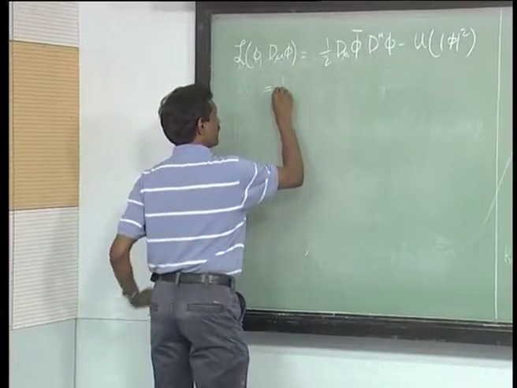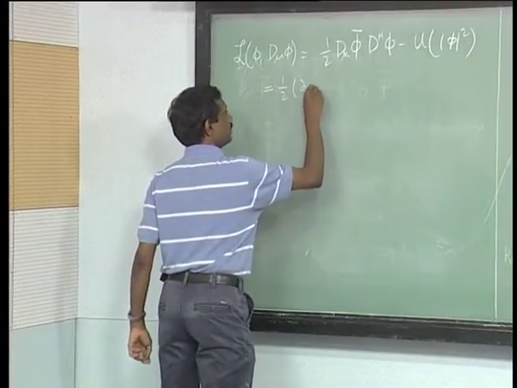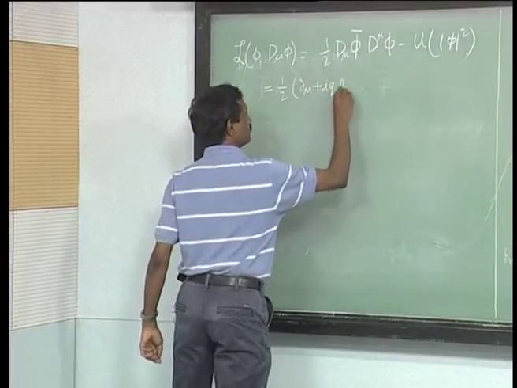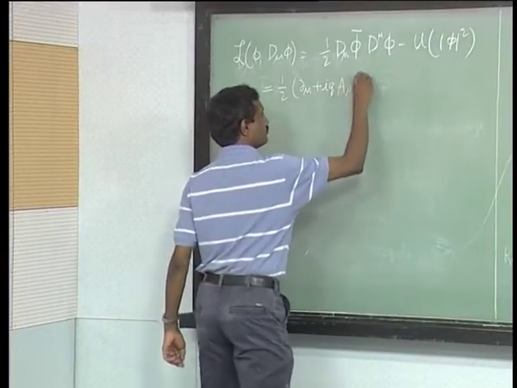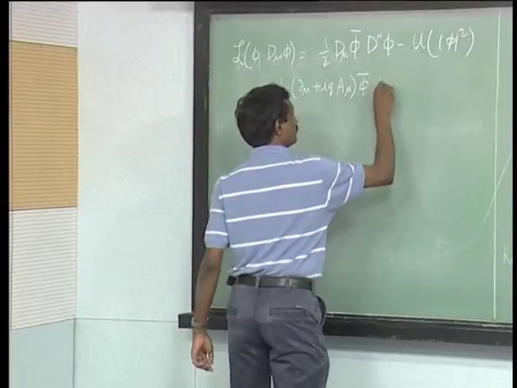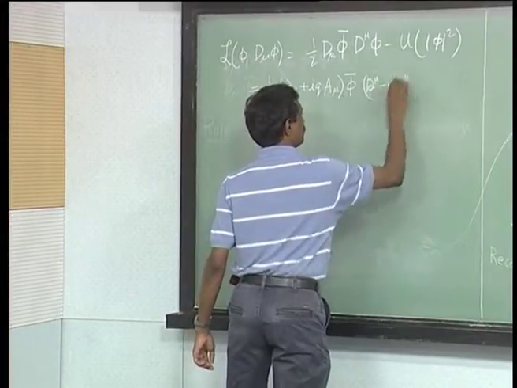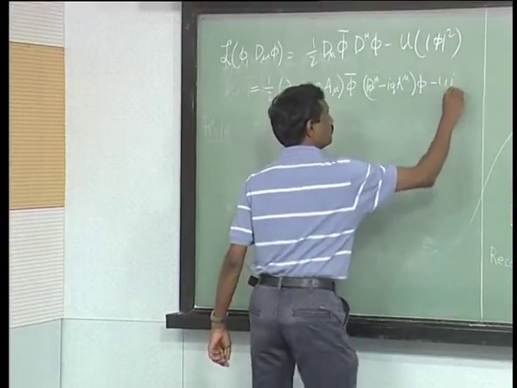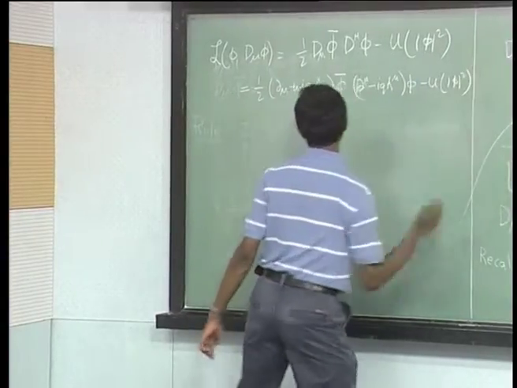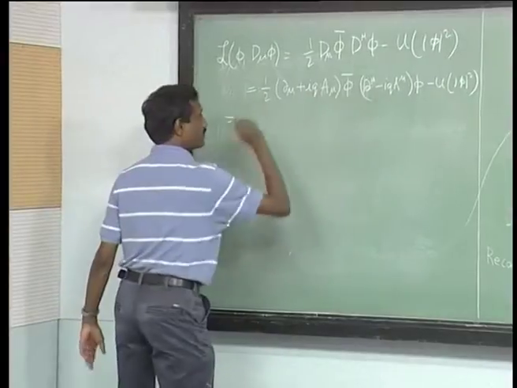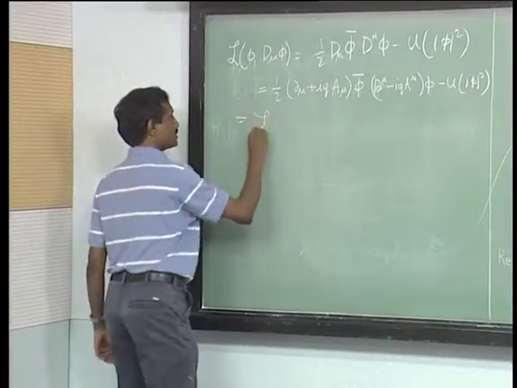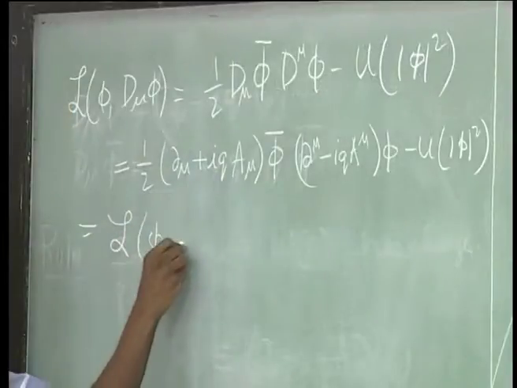So, we just expand and write this out. First step is set mu to 0. That is just L naught of phi.